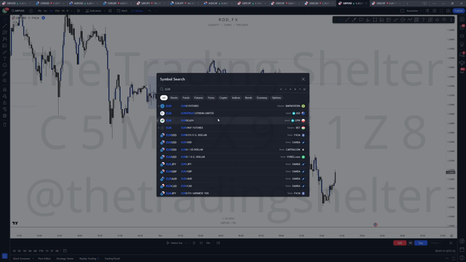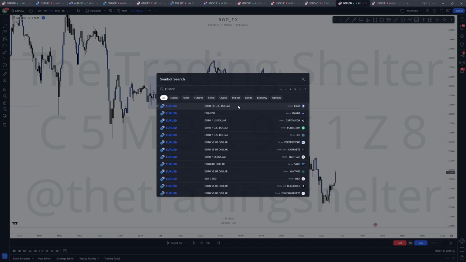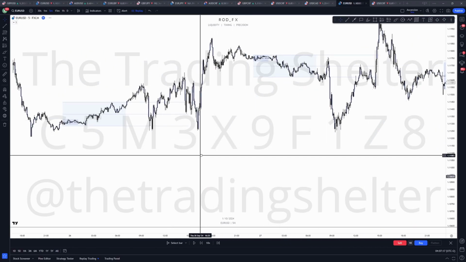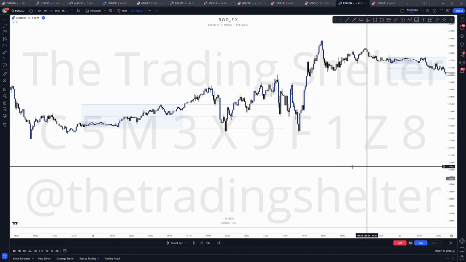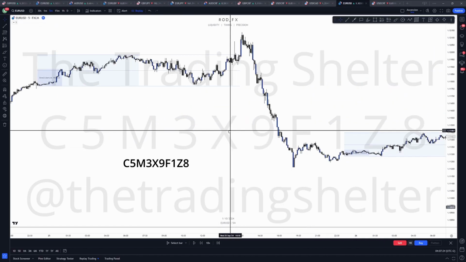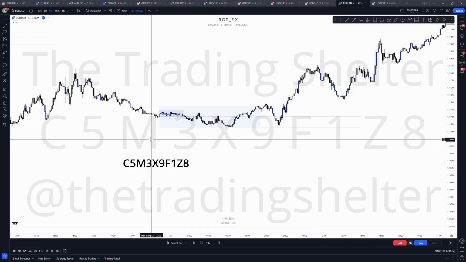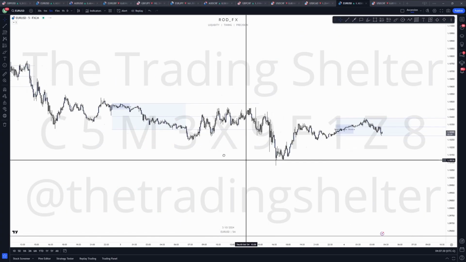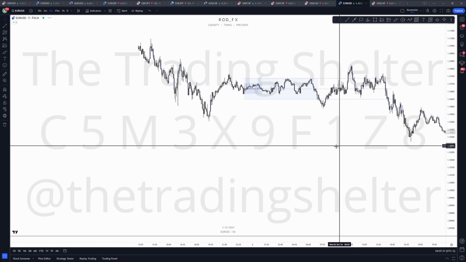internal ones. So let's go on Euro USD real quick and let's look at, I think we've seen it. One, is it this one? Bar replay. Go.